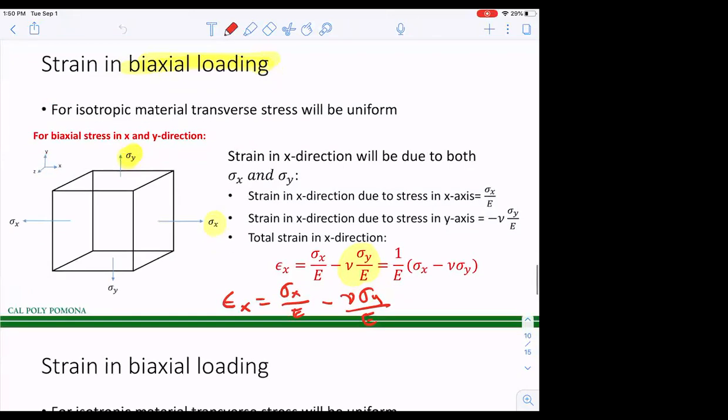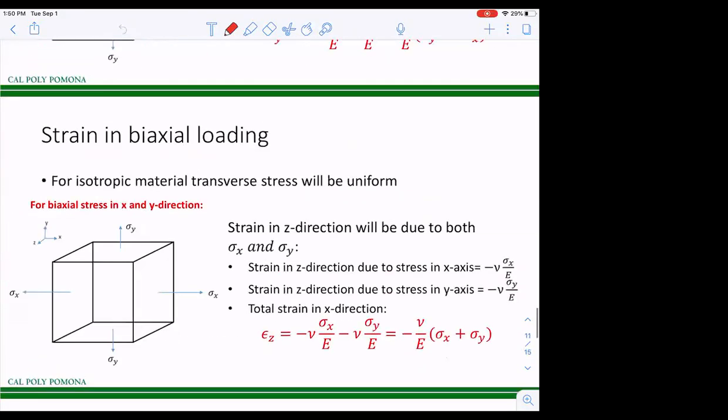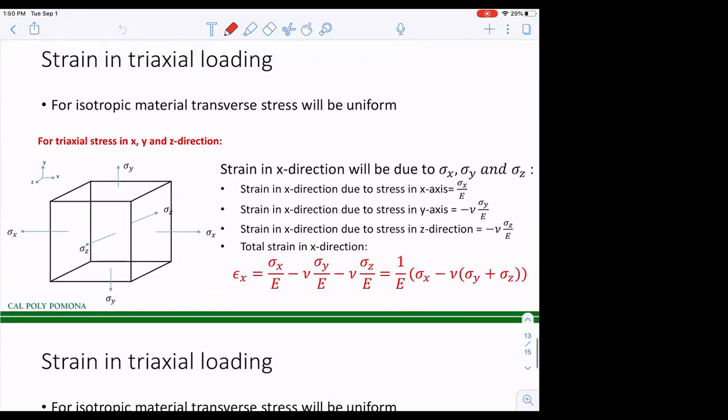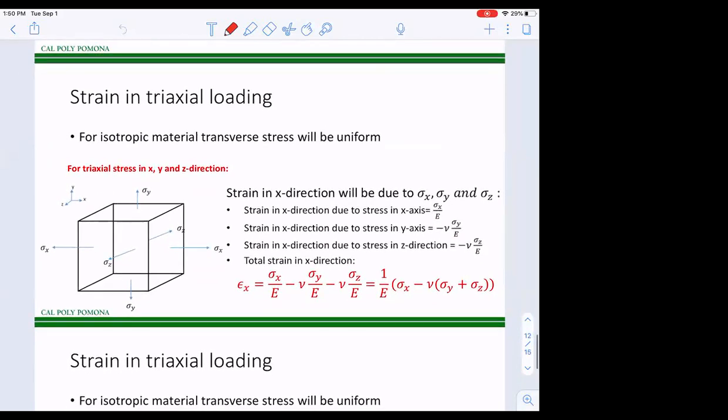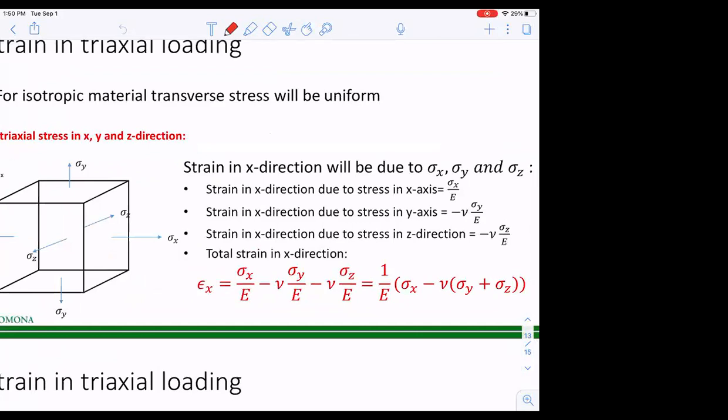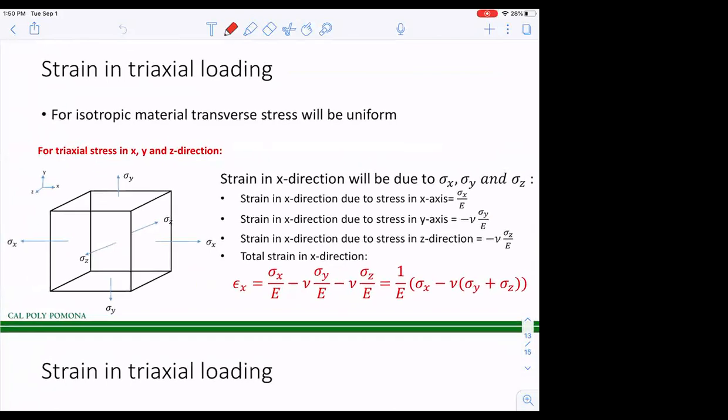Okay, good. Triaxial loading. This is from my strength of materials course. You all should have it. If you remember, in triaxial loading, I'm just applying normal stresses in the XYZ direction.